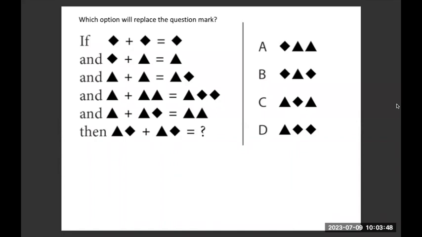Palak, wrong answer. Yug, Darsh, correct answer. All right, let's solve this now, okay?